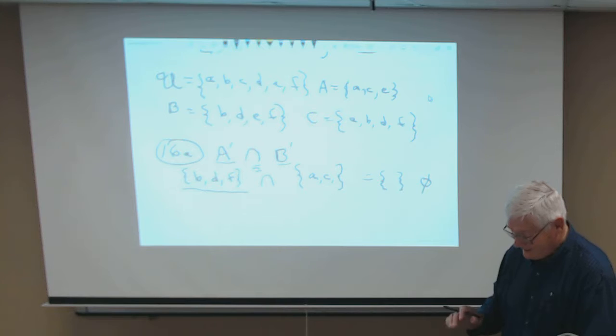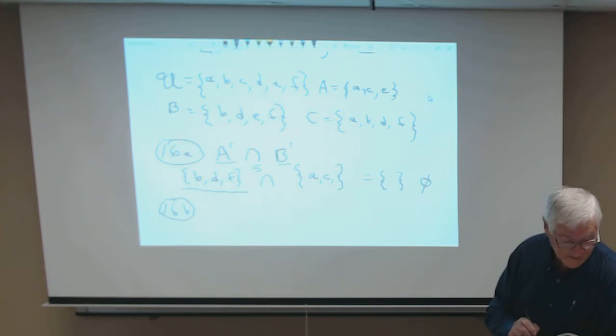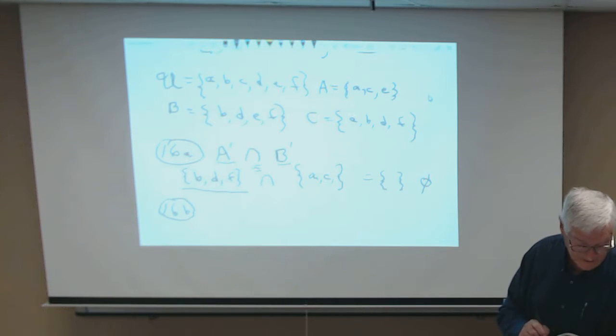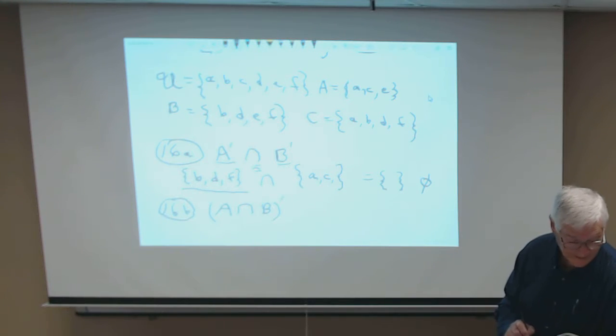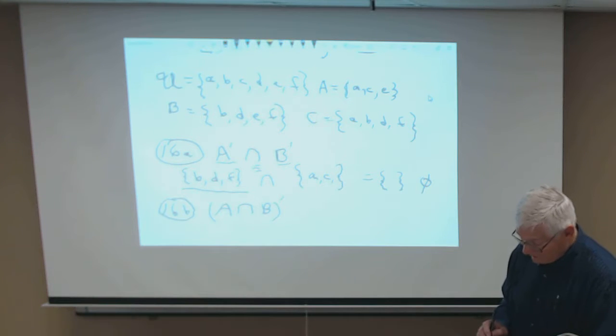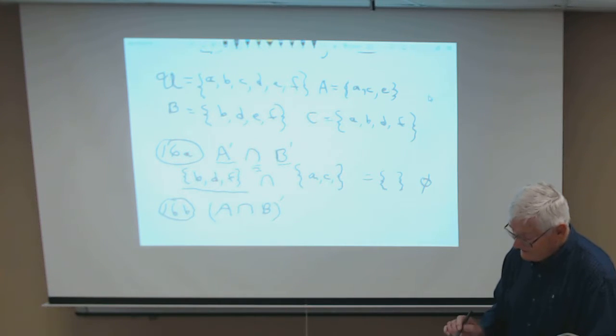Let's do 16b. A intersect B, and then the complement of that. Isn't that what it said? So what's the intersection of A and B? Here's A: A, C, E. Here's B: B, D, E, F. Intersection means what they have in common. So what do they have in common?